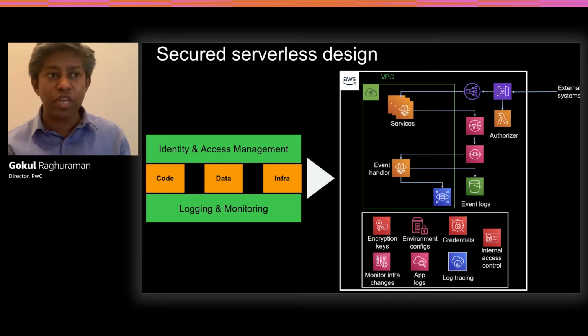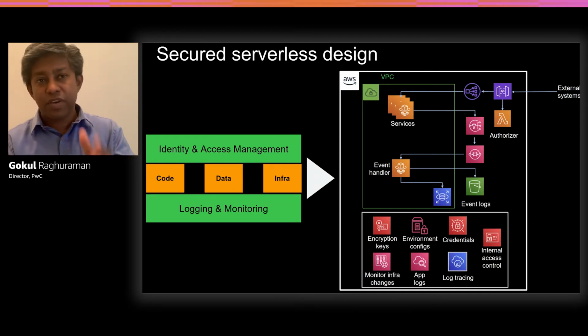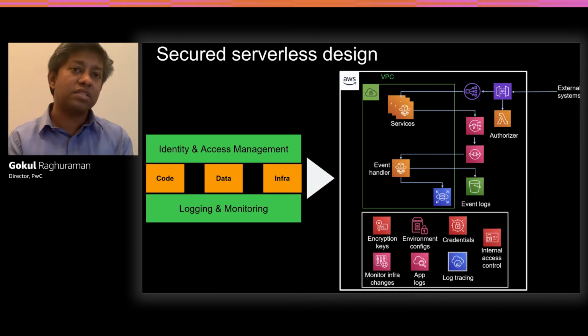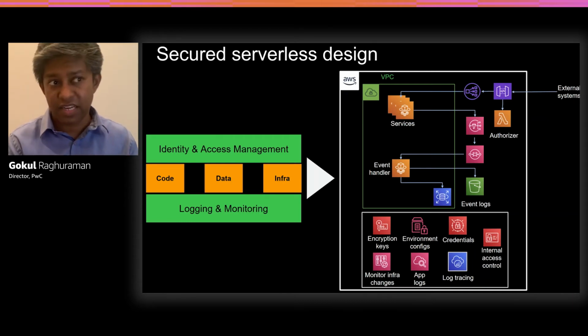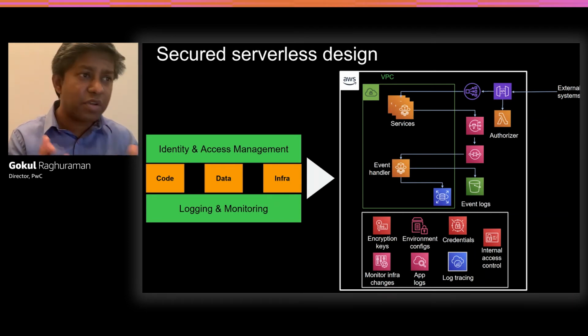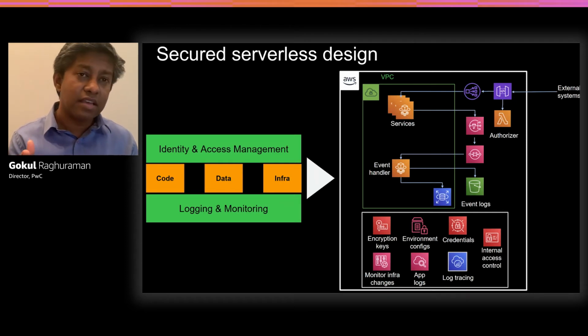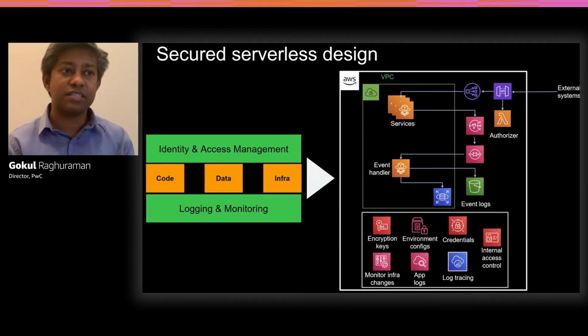It could be DynamoDB, some kind of a data store that it uses. Any events, requests, responses, logs get published into S3. And then all these services interact with each other using some kind of an event-based mechanism. They talk to each other using, in this case, AWS SQS and SNS.